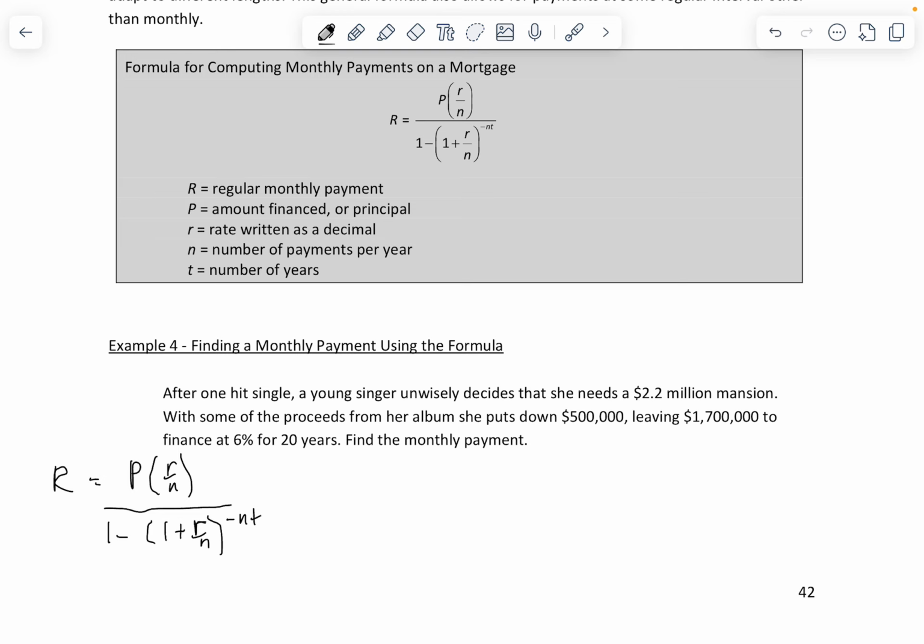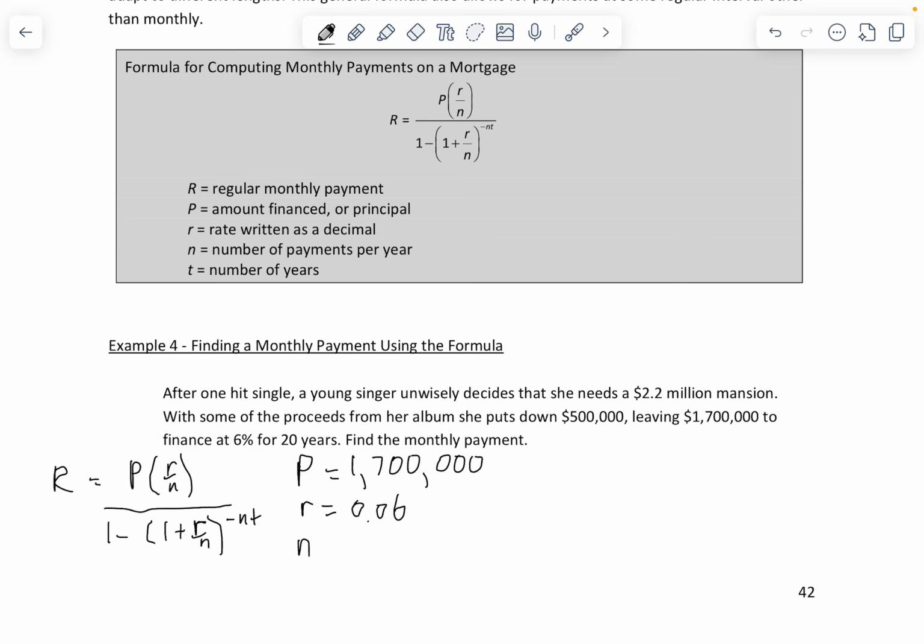Okay. So what are the actual numbers we have? Well, the principal is the amount financed. That is the $1,700,000. The interest rate as a decimal is 0.06. N is the number of payments per year.